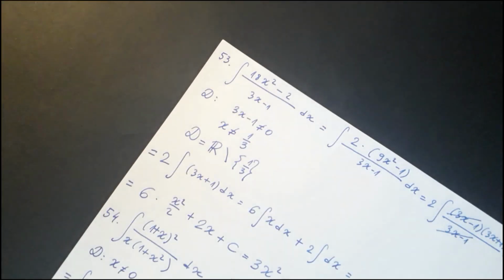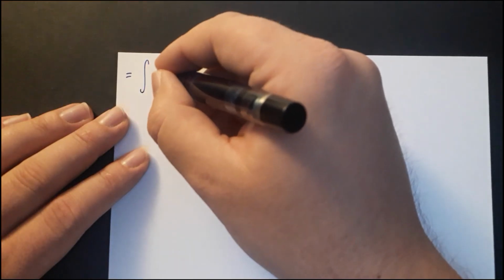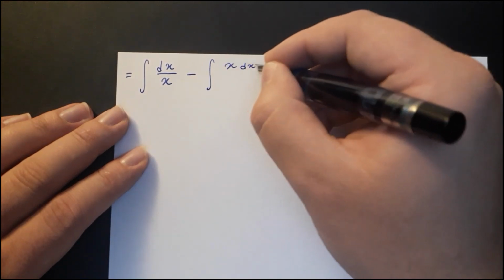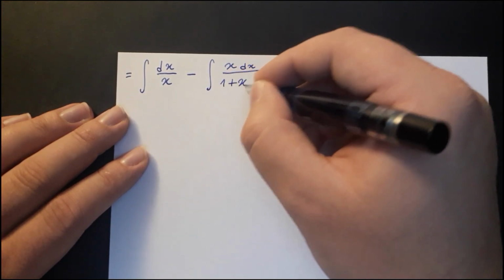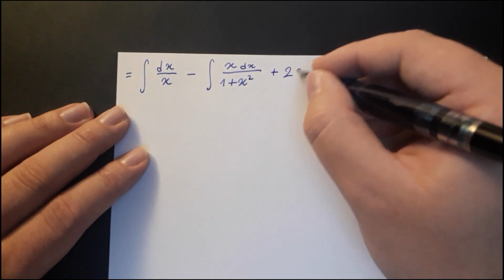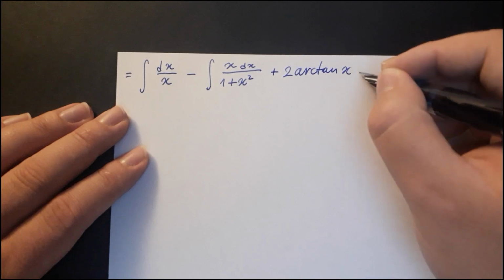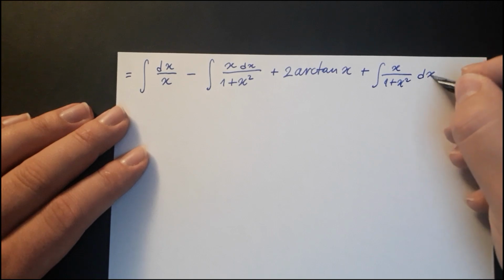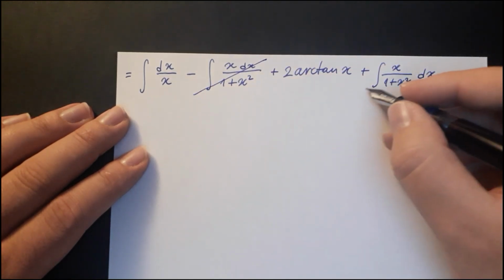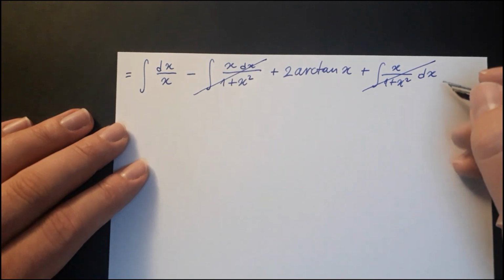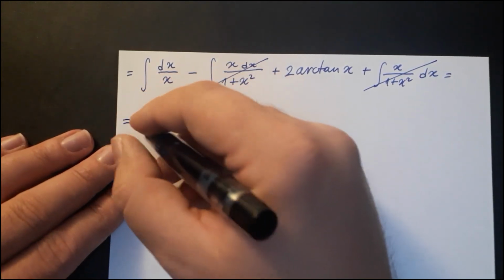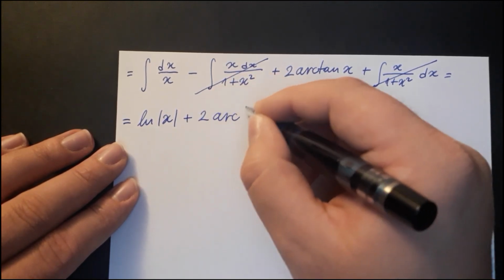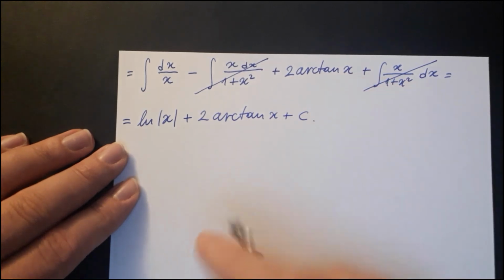So this expression then becomes the integral of dx divided by x minus an integral of x dx divided by 1 plus x squared plus 2 times arctan of x plus an integral of x divided by 1 plus x squared dx. Second and fourth integral are going to cancel out each other, and this is equal to ln of absolute value of x plus 2 times arctan of x plus c.